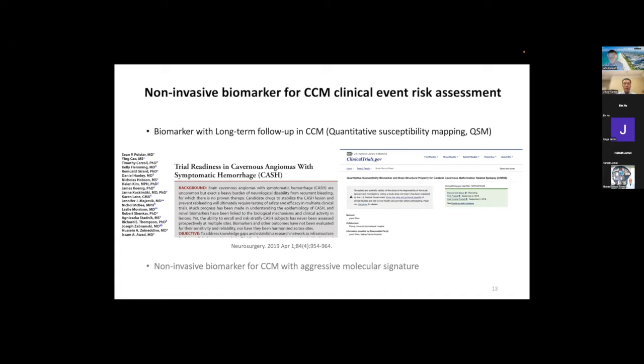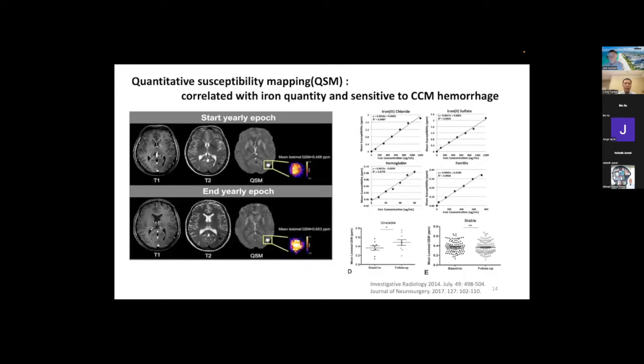We collected 90 CCM cases with QSM, and with tissue samples from two thirds of them. And this is what the QSM looks like. It shows a good correlation between the QSM susceptibility value and different iron compartments.